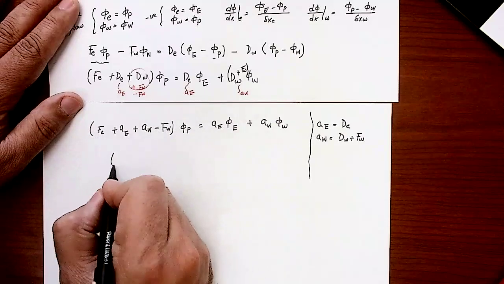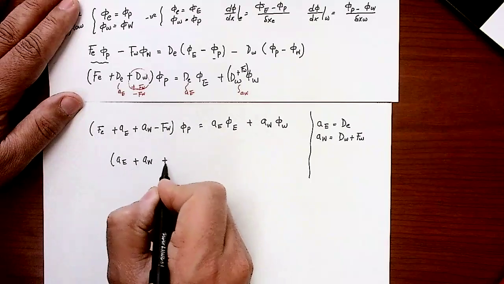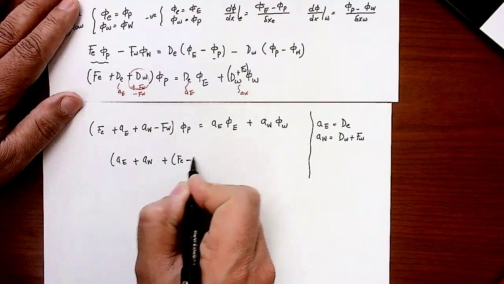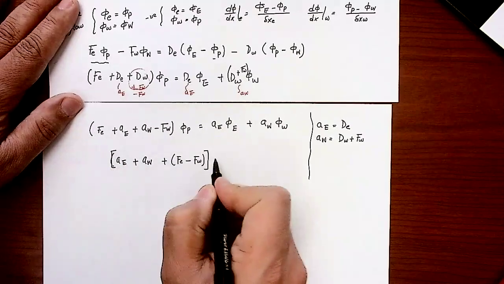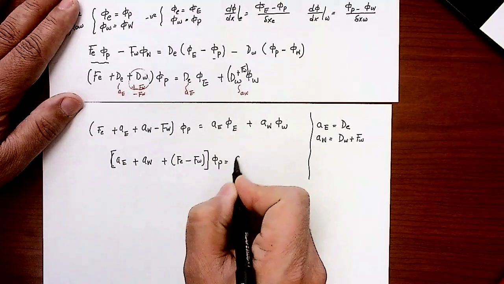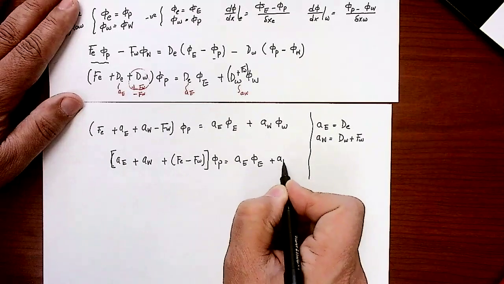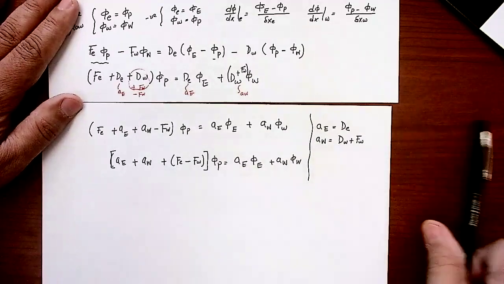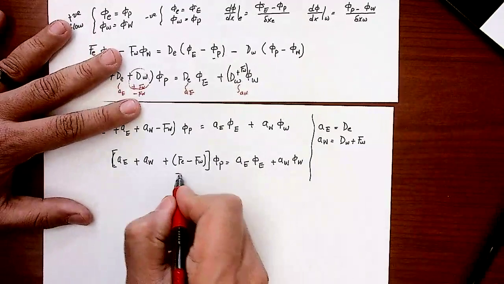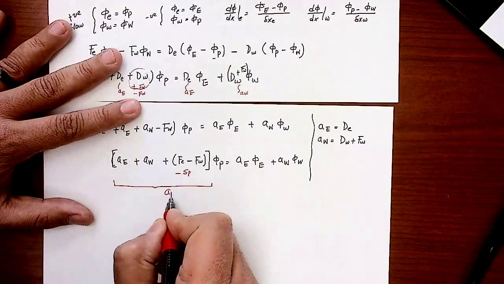Let's actually collect the terms. So it's A east plus A west plus F east minus F west, times phi P, is equal to A east phi east plus A west phi west. Right? So what is this? This is my minus SP, and this is totally my AP.